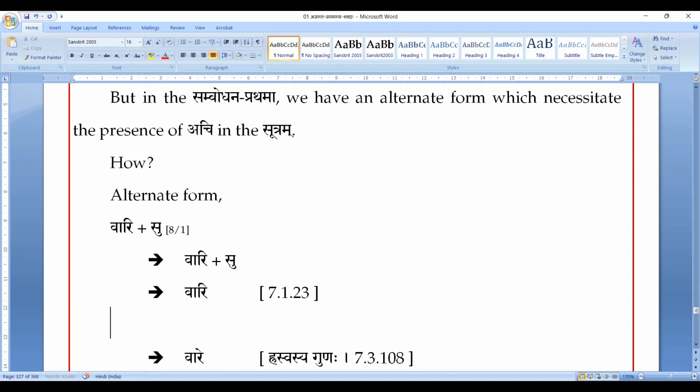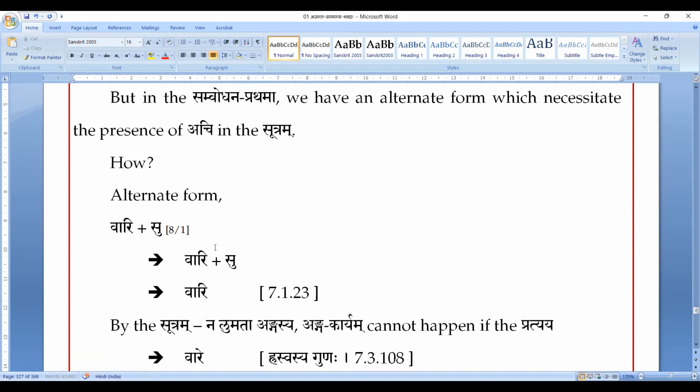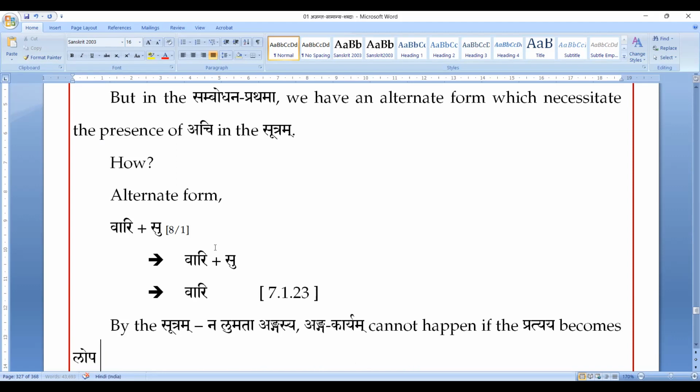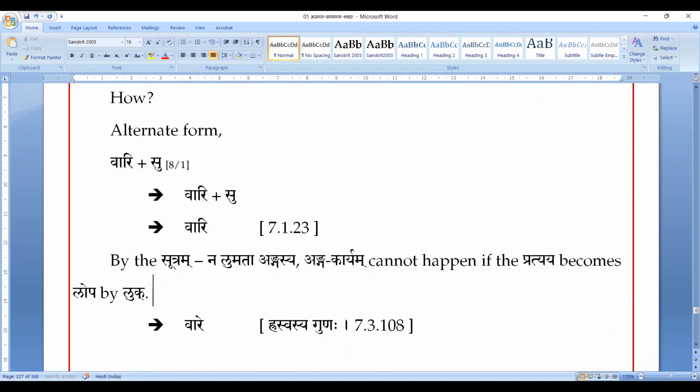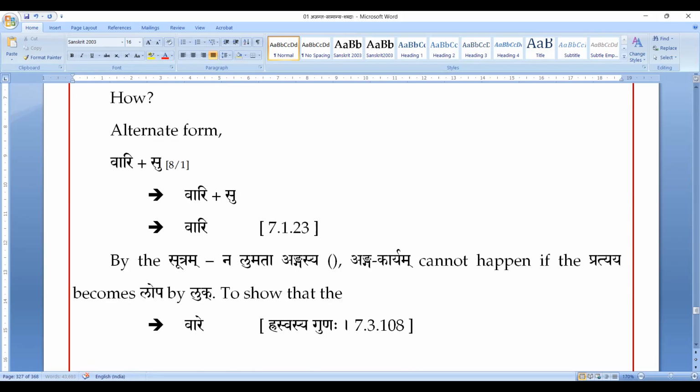So here, by the sutram na lumata angasya, angakarya cannot happen if the pratyaya becomes lopa by luk. To show the sutram na lumata angasya, what is the number? It is 1-1-62.